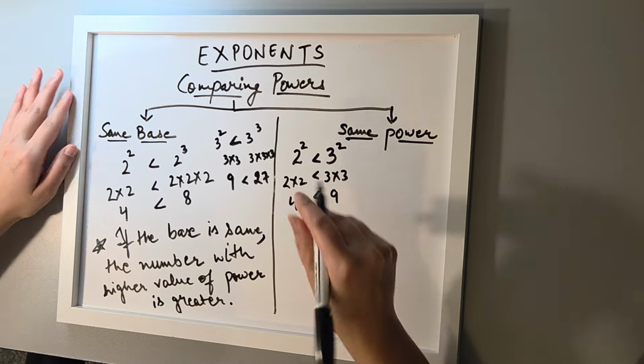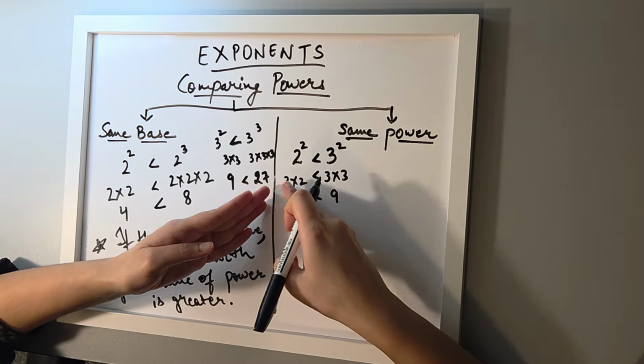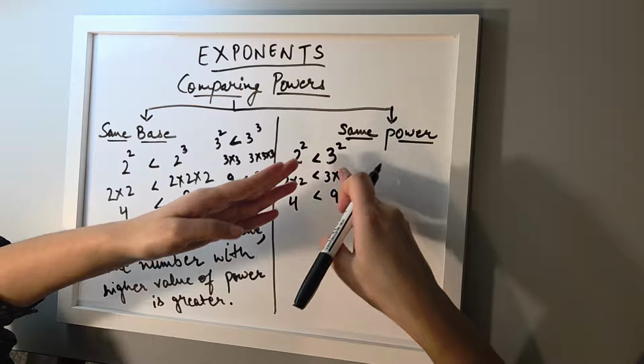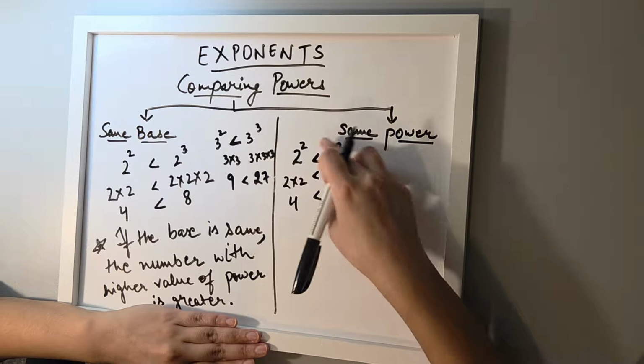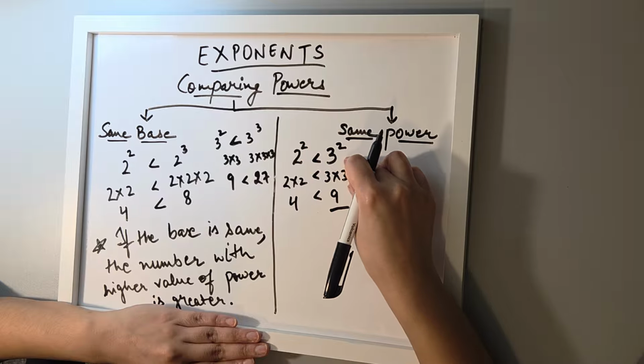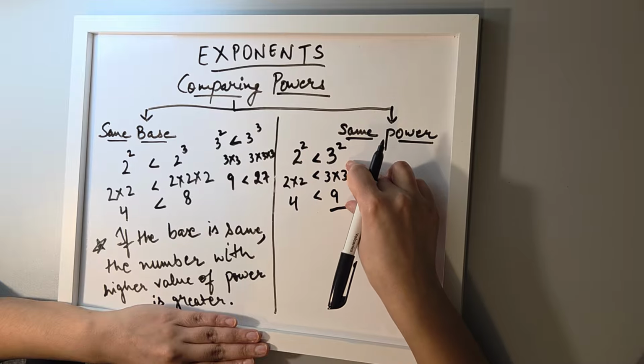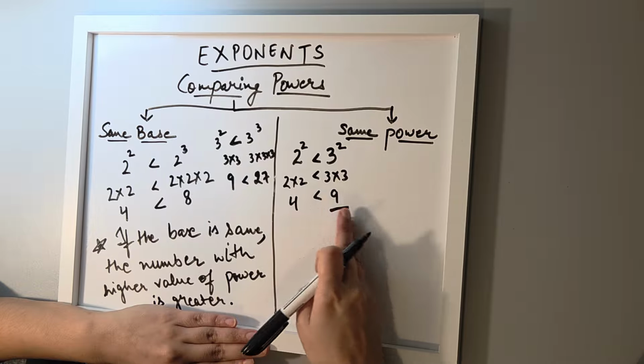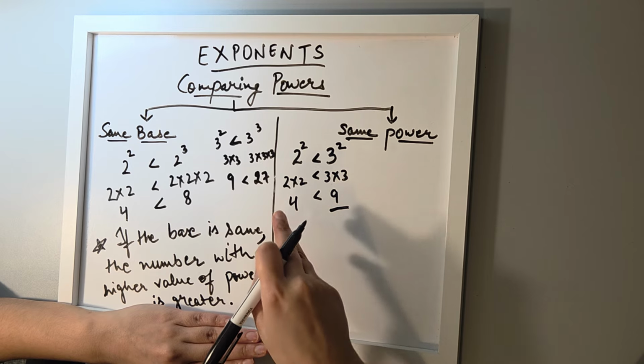So what can we see here? If a smaller number is multiplied the same times and a bigger number is multiplied the same times, it will obviously give a bigger value. The bigger number, when multiplied the same times, will obviously give a bigger value than the smaller number, right?